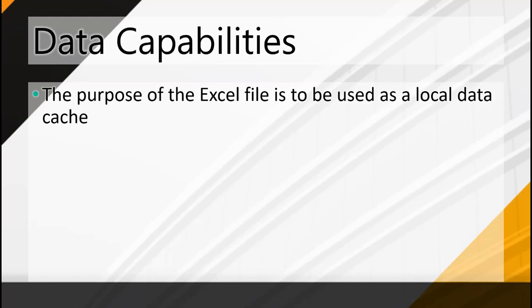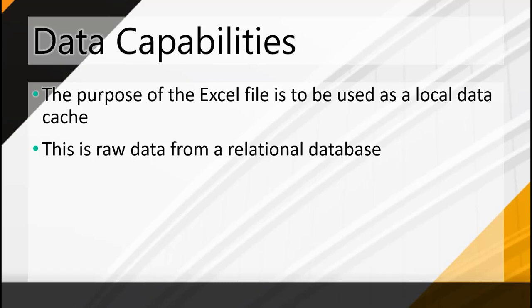It grabs a certain set amount of information from the cloud, from the web, and it pulls it into a little local data set that you can use to query and work with much, much more efficiently. Now, this is truly raw data from a relational database up in the cloud. Now, I might be using terminology you're not entirely familiar with. That's okay if you don't fully understand. You don't have to.